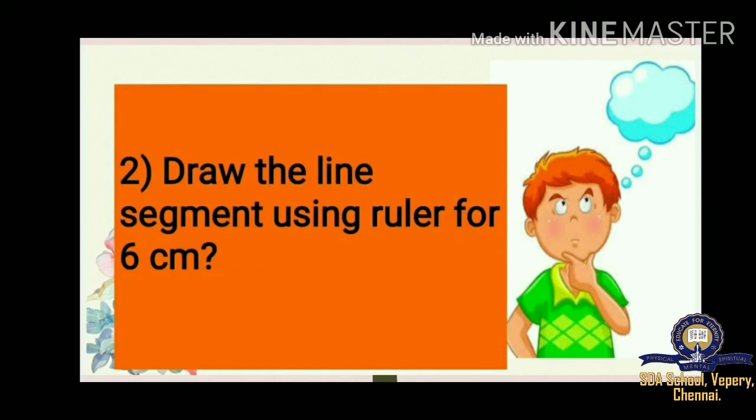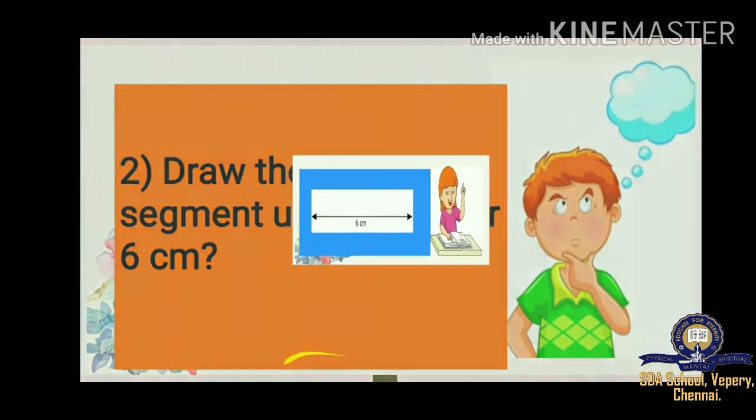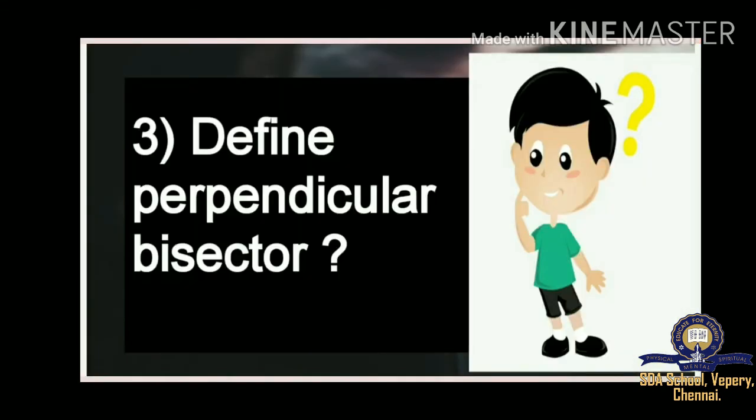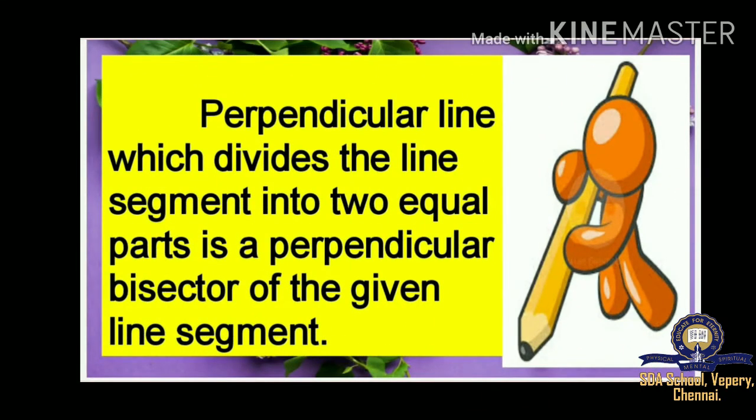Anyone? Very good. Yes, this is a line segment for 6 centimeter. Let's move on to our third one. Define perpendicular bisector. Anyone, child? Yes, very good. A perpendicular line which divides the line segment into two equal parts is a perpendicular bisector of the given line segment, right?